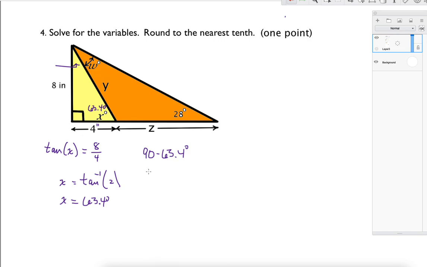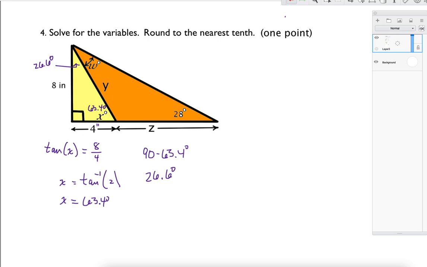So that's going to be 36.6 degrees. Sorry, 26.6. Trying to do it in my head, and I got this wrong. Yep. So this is going to be 26.6 degrees right there.